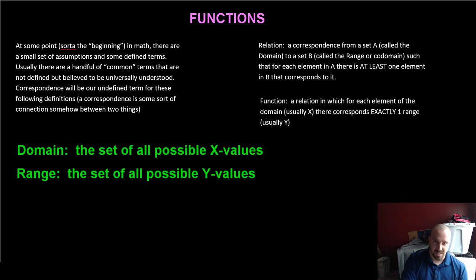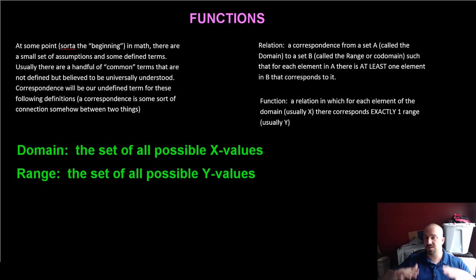So the first definition, a relation. A relation is a correspondence from a set A, which is just some random set of stuff called the domain. This is where you begin, and it would typically be known as your x values. To a set B, we don't know what that is, but there's some kind of connection between the two, called the range.